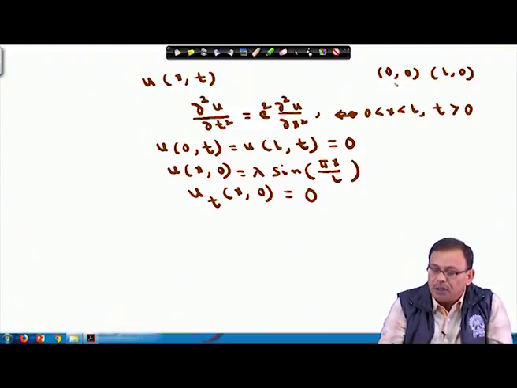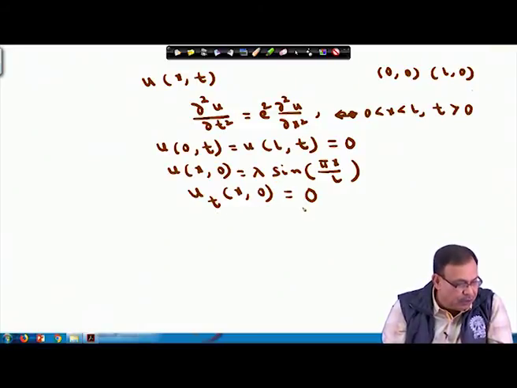The conditions are that it is fixed at (0, 0) and the other fixed point is (L, 0). So, u(0,t) at x equals 0 is 0, at x equals L also it is 0, and the motion was initiated with u(x,0) equals lambda sin(pi x by L), and from here you can tell that u_t(x,0) equals 0 also.